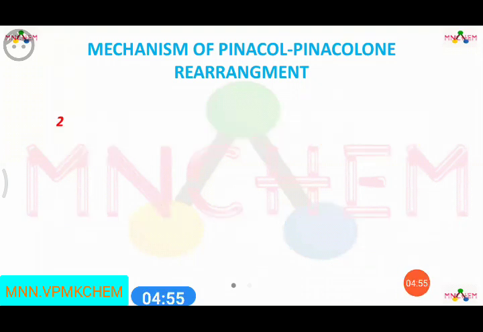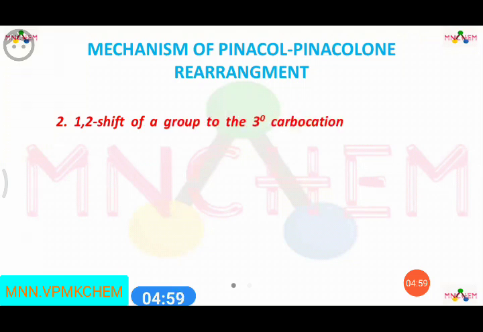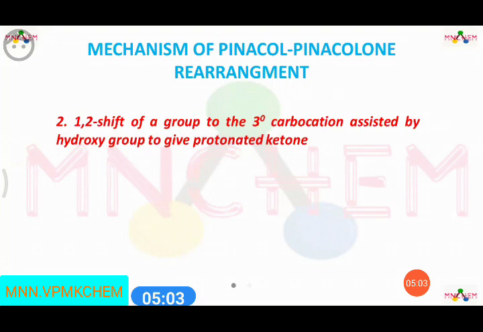In the next step, the 1,2 shift of one of the groups to the tertiary carbocation is assisted by the hydroxy group, which gives the protonated ketone. It can be represented like this.